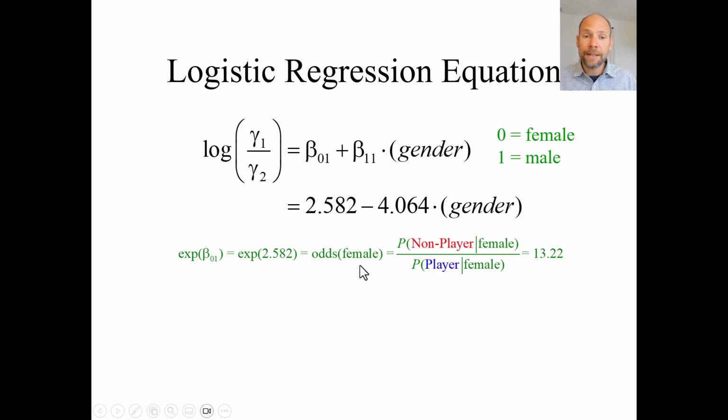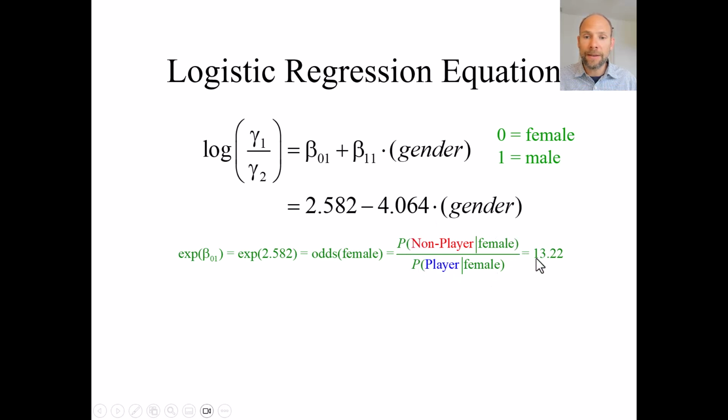And in this case, that's females. So exponentiating 2.582, our intercept, is equal to the odds of being non-player as compared to being player in group female. Non-player is the first class, player is the second class, and Mplus always uses the last class as reference. So this gives us the odds in group female.